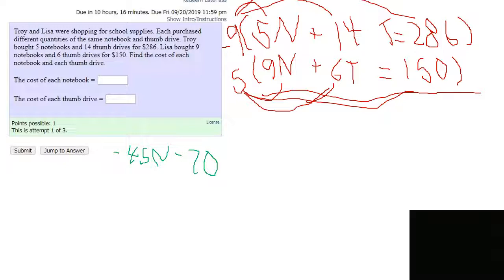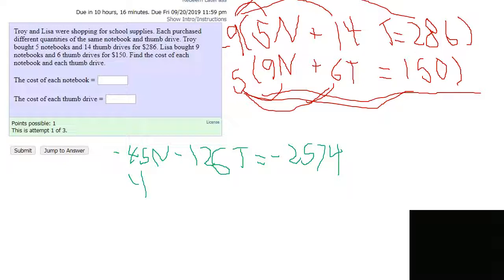That's a negative 126 T, and that's going to equal a negative 2,574. There's our first equation.